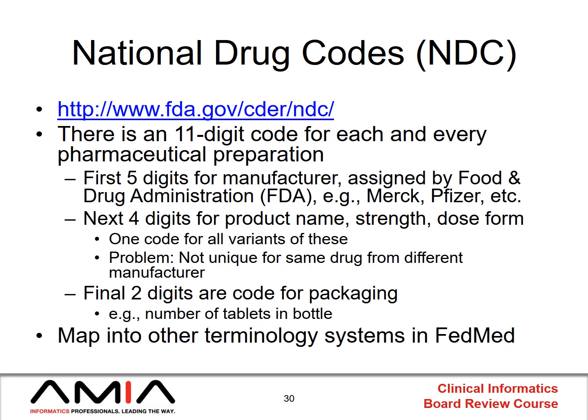And there's one code for all variants of these within a manufacturer. The problem is that a different manufacturer who produces the same drug will have a different middle 4 digits, so that one doesn't necessarily know all forms of a drug unless one has the mappings from the different manufacturer to their product name, strength, and dose.